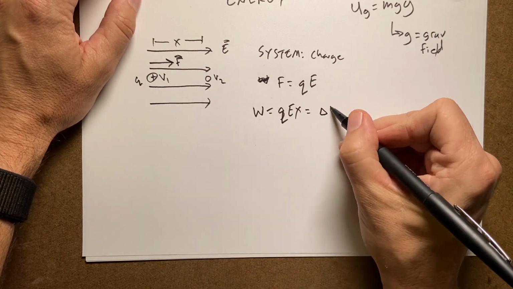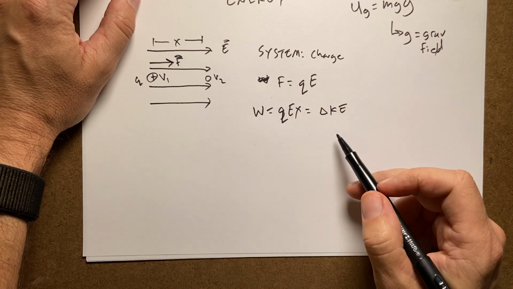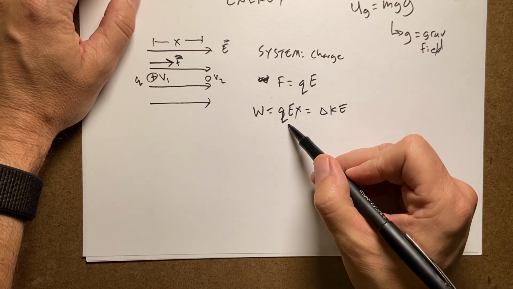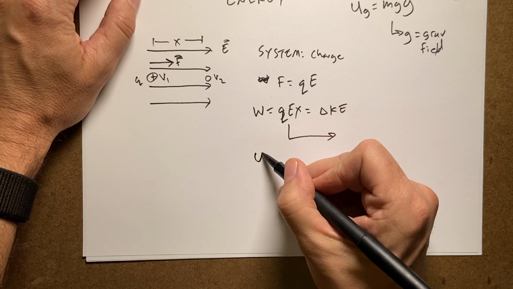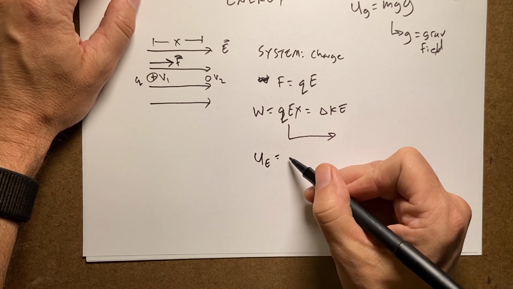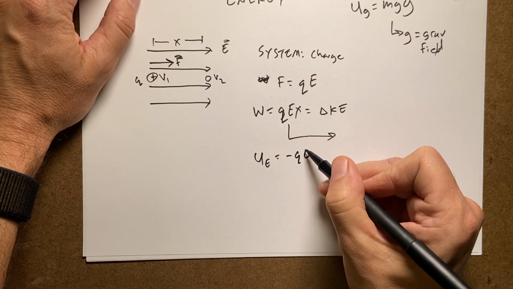And that would be the change in kinetic energy. Now, just like before, I can move this to the other side. So I can say the electric potential energy is negative Q E X.